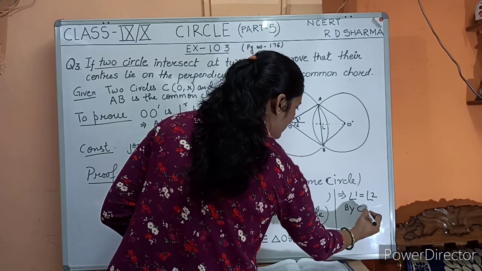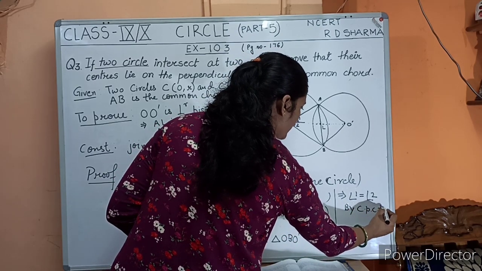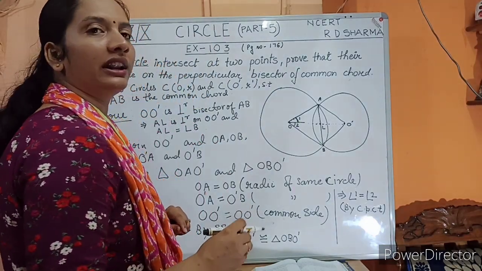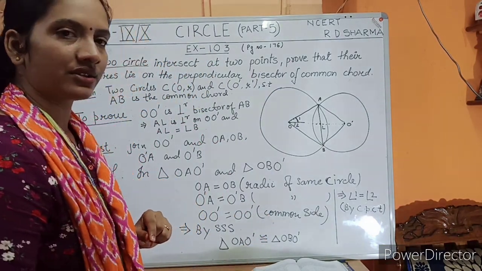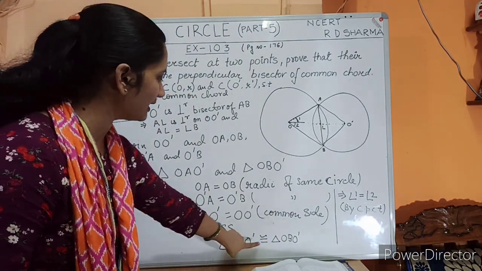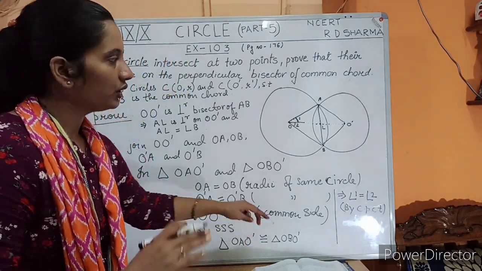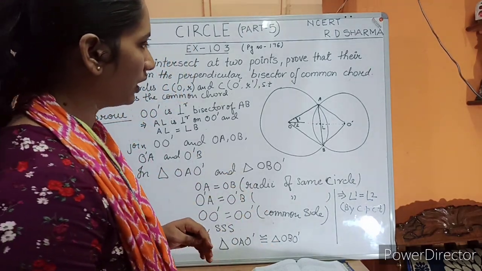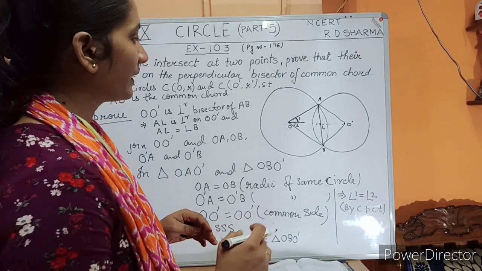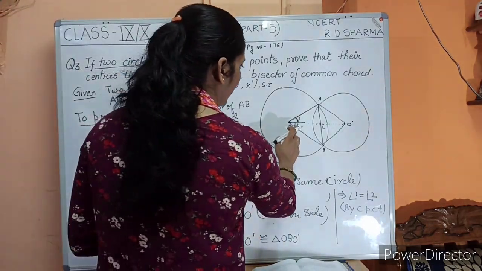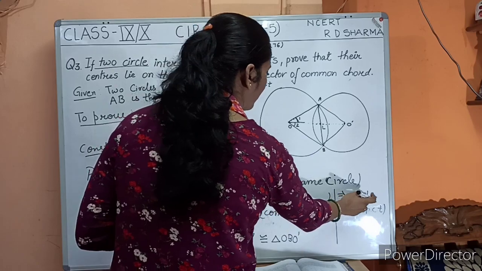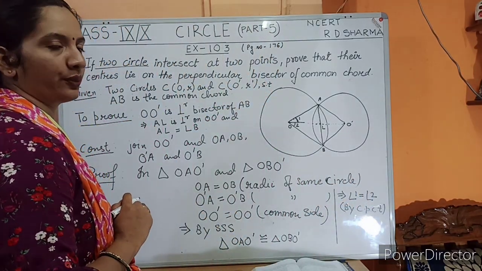Why? By CPCT. CPCT मतलब corresponding parts of congruent triangles. अगर दो triangles congruent हैं तो उसके corresponding parts भी equal होते हैं. So angle 1 must be equal to angle 2.